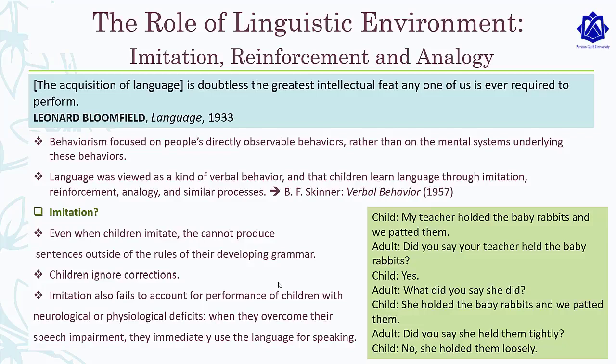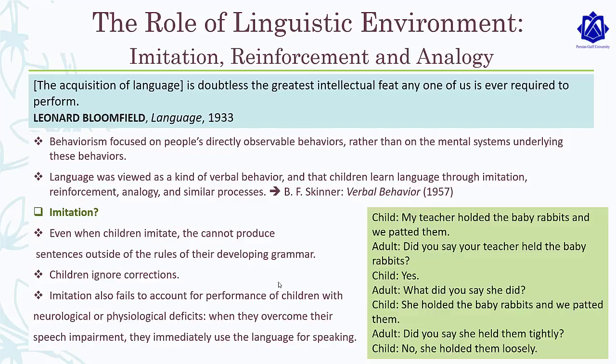So we talked about how children do it, and we said they do it based on the language they are exposed to. Based on this, we might say that there are different views about the role of linguistic environment.